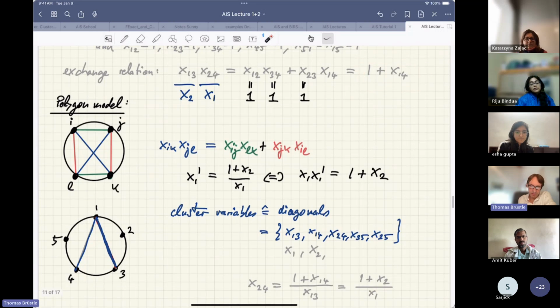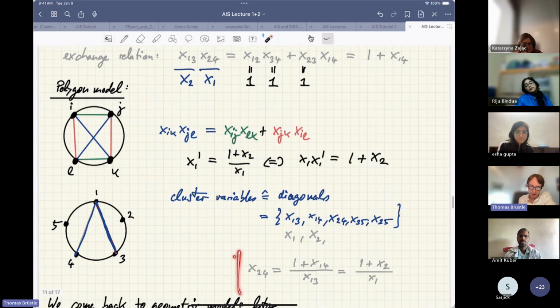I hope that works out with my formula, x2,4 is 1 plus x1 over x3. So if I specify x1,3 is x1 and x1,4 is x2, then this is really the exchange formula.